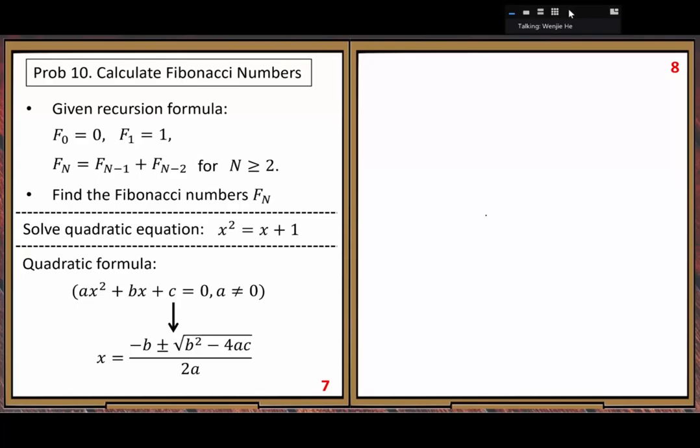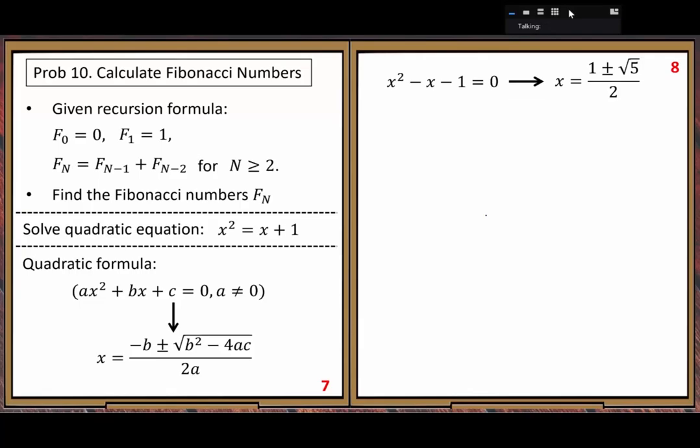That's the quadratic formula. Now we apply it to our special quadratic equation, where a equals 1, b equals negative 1, c equals negative 1. Plugging in, we have x equals two possible values, 1 plus or minus root 5 over 2.